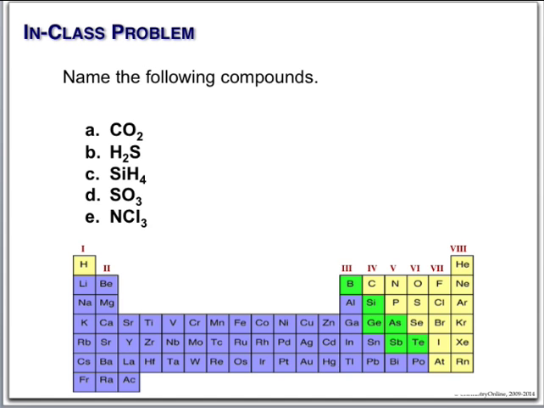This is oxide, we have two of them. This is carbon dioxide. We have two of the first. We have to use our multiplier, di. So we have two hydrogens. We would just call this dihydrogen. Now we only have one sulfur, so we have to use our multiplier. So this is monosulfide.